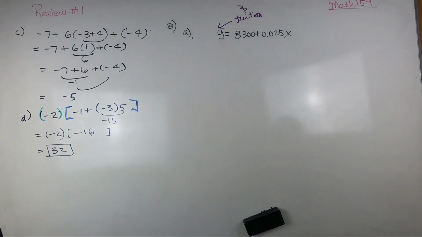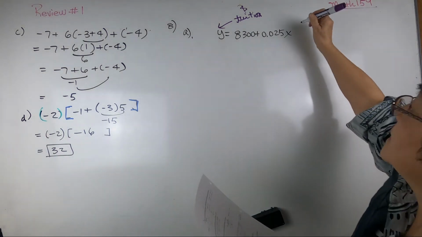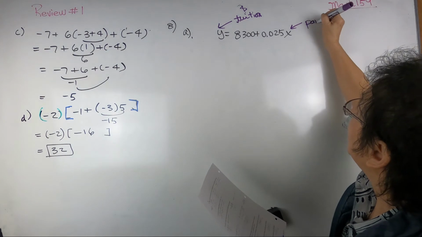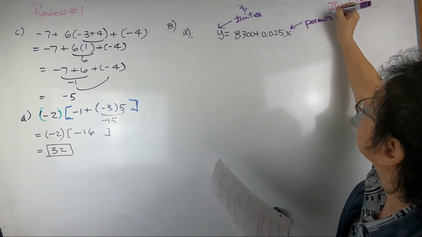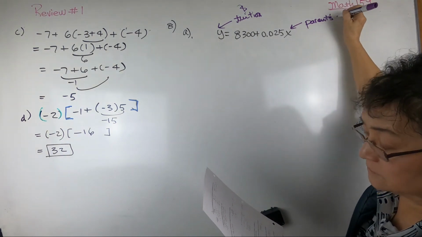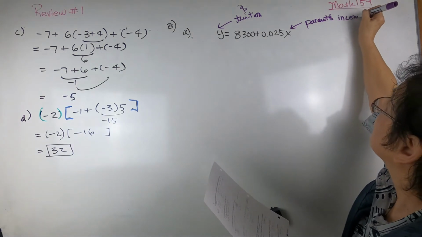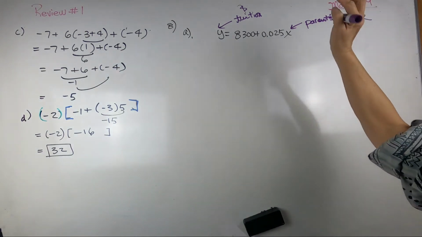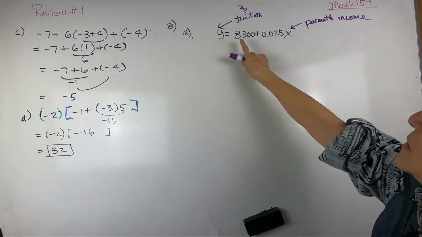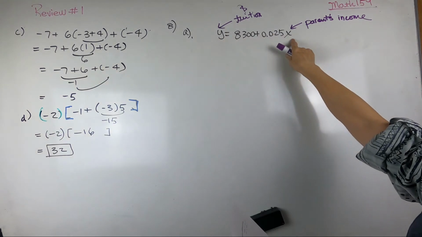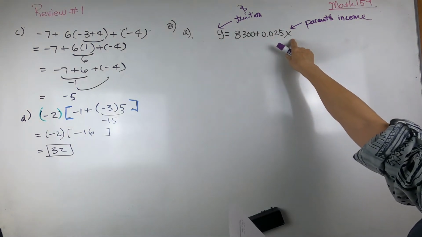What is X? X relates income in dollars of students' parents. So X is what? Parents' income. That's what it's saying. So they will charge you tuition per parent's income.